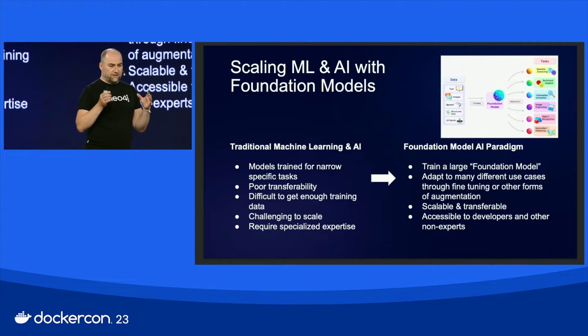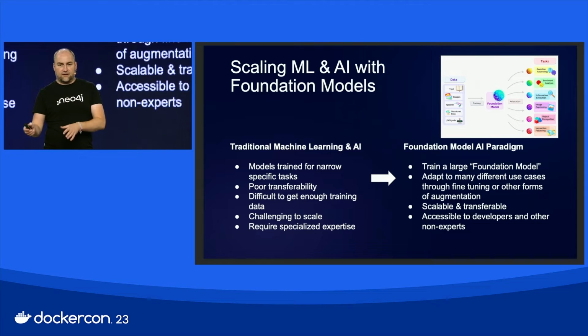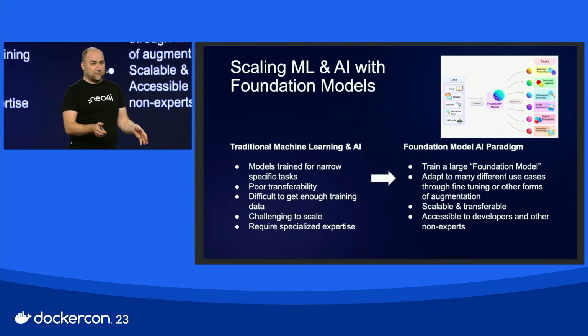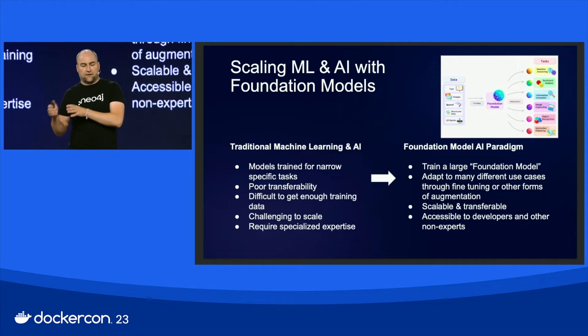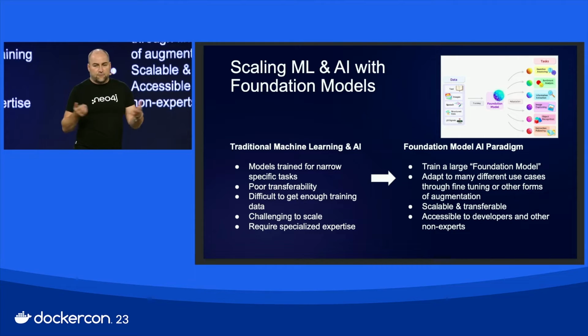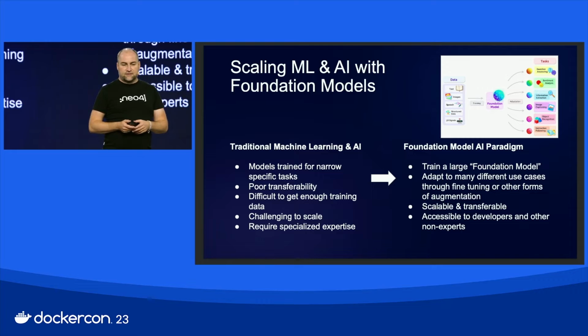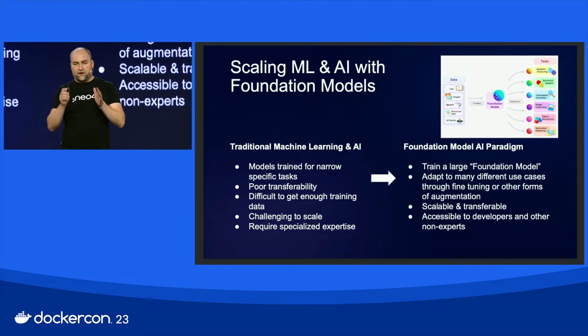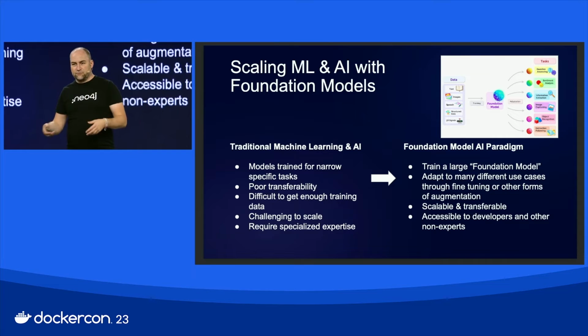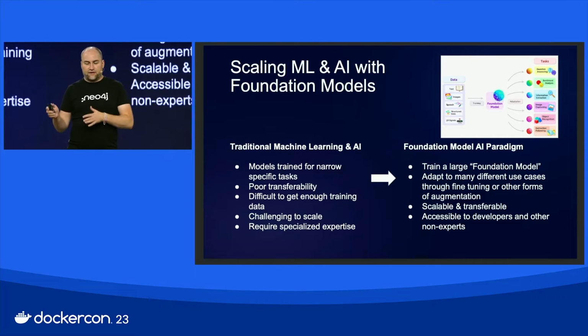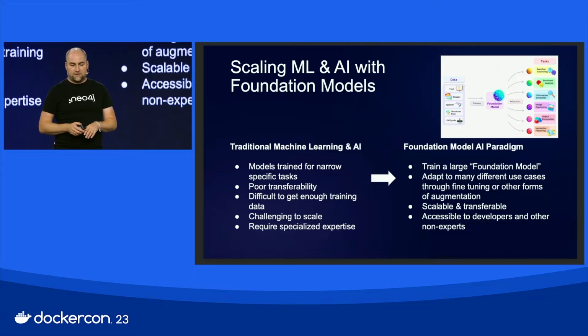For instance, you had a legal model to analyze legal text, or an image recognition model to recognize certain types of objects in an image, right? And this meant you always had to fine-tune or train models for very specific purposes, and you always had to put in a lot of specific effort by data scientists to make this happen.